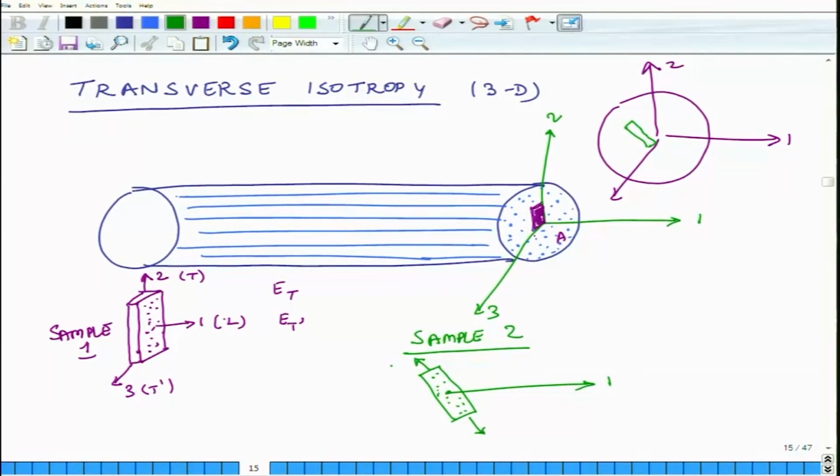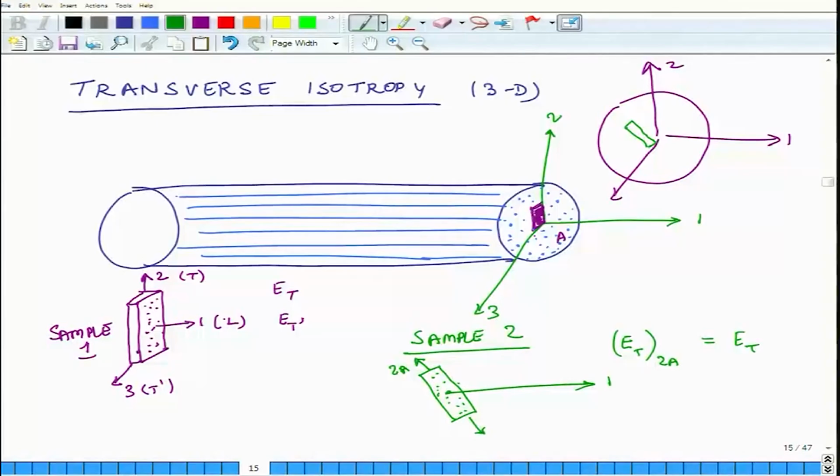Let us say this is direction 2a. Then Et in direction 2a will be the same as Et, because it is essentially the same material, and the orientation does not matter.